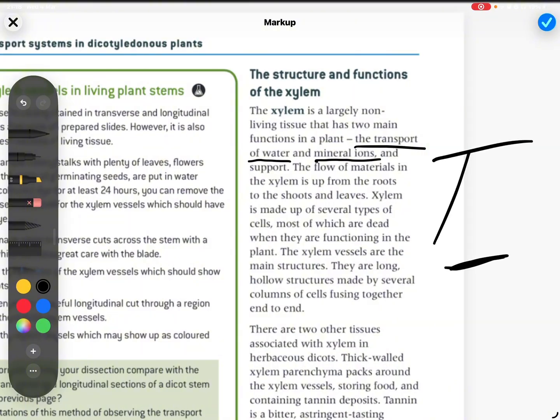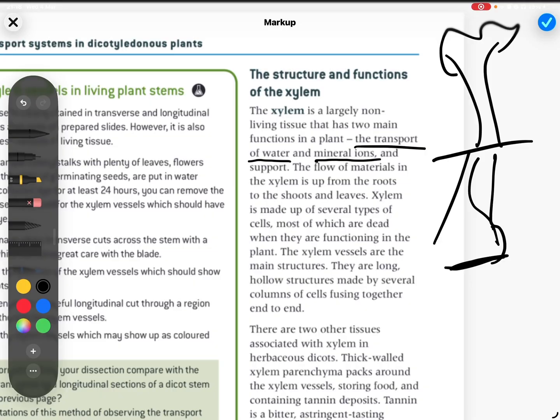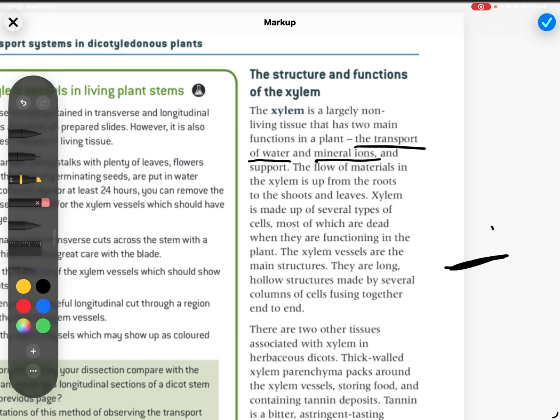You've got the ground, all the roots, and then the plant. So in the xylem, the transport of the water and the mineral ions is up. It goes from the roots up the plant. It doesn't go down, it only goes up. You need to note that.